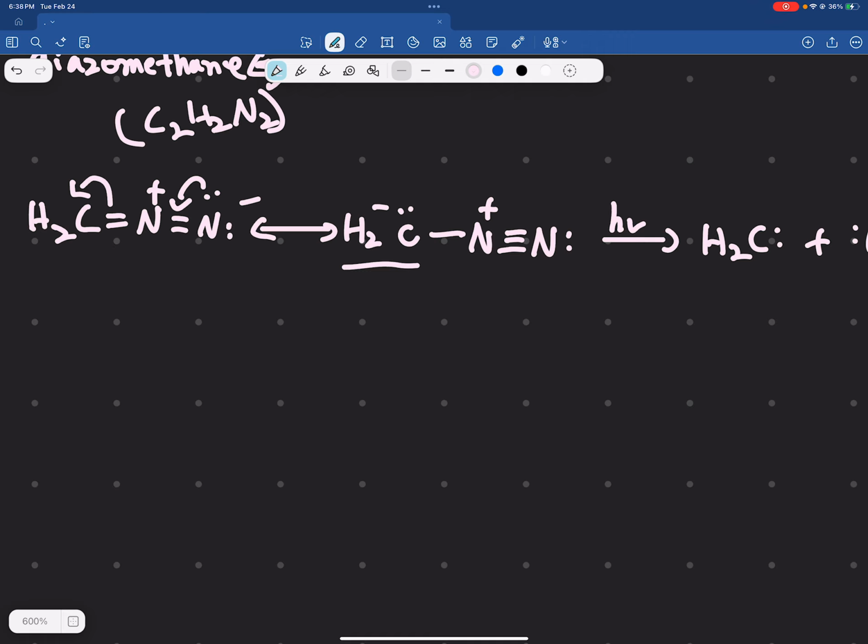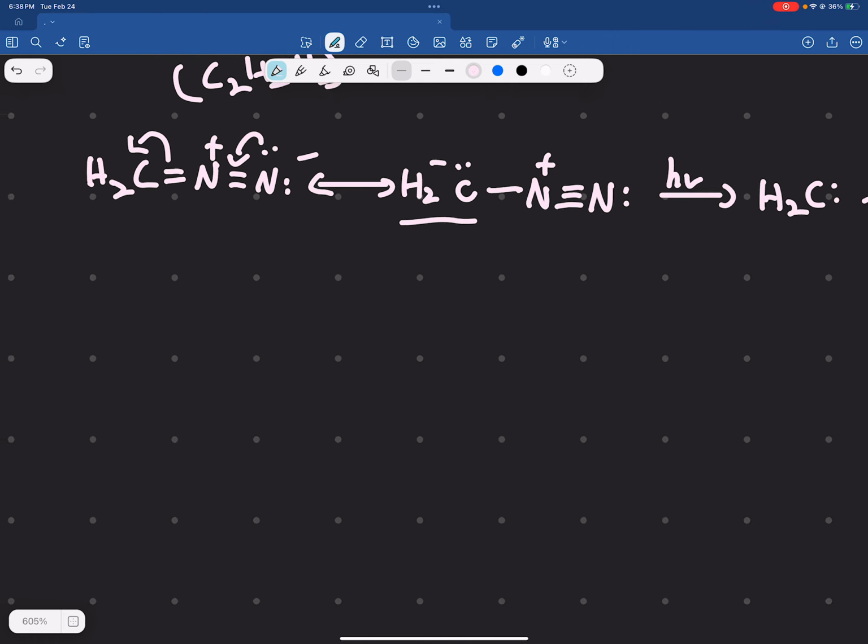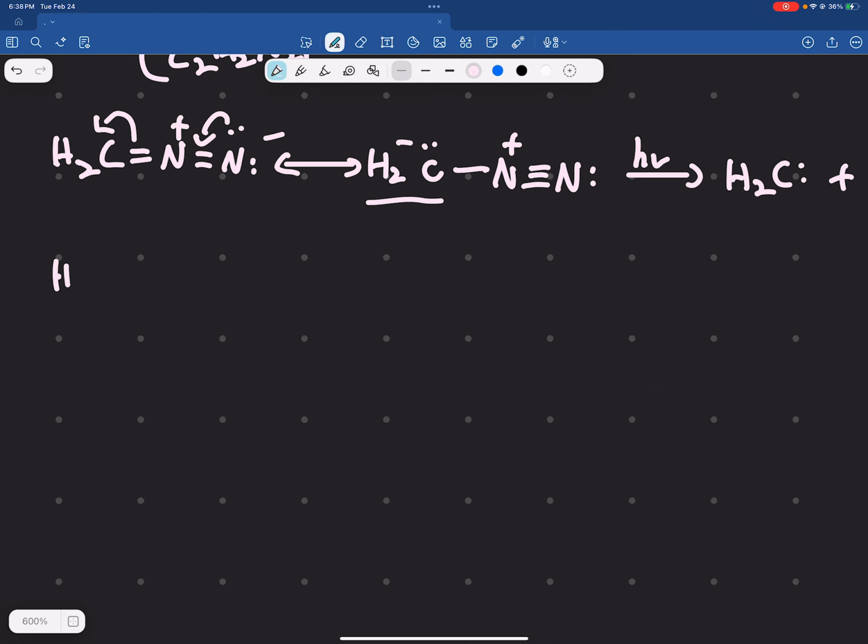So this being a carbene, this carbon is going to be sp2 hybridized, and this pair of electrons is going to occupy the third sp2 orbital in the lowest electronic state of most carbenes.